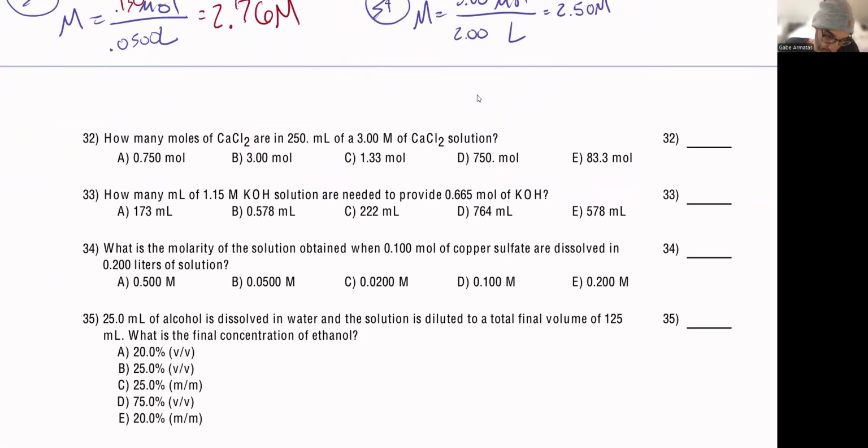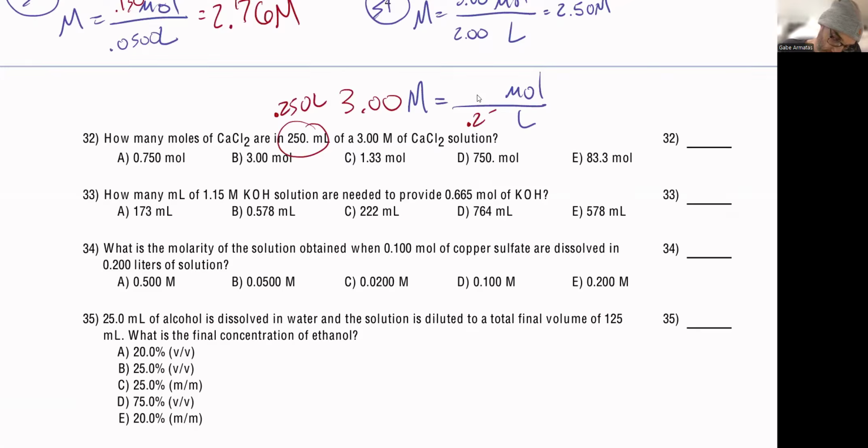So next up, how many moles of calcium chloride are in 250 mils of a 3 molar solution? Okay, so write out the equation. Molarity is equal to moles per liter. In this case, I am given 3.00 molar. I am given 250 milliliters, which is 0.250 liters.